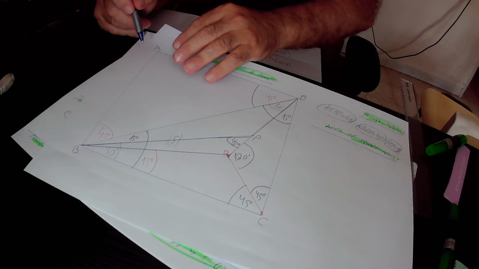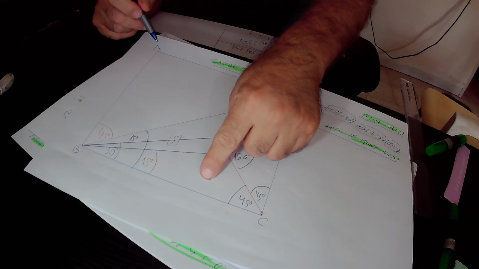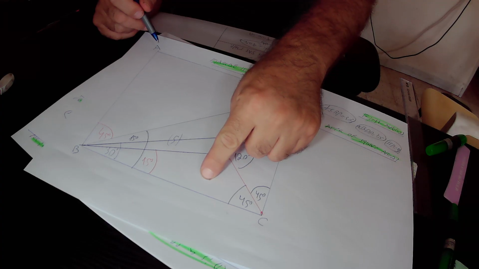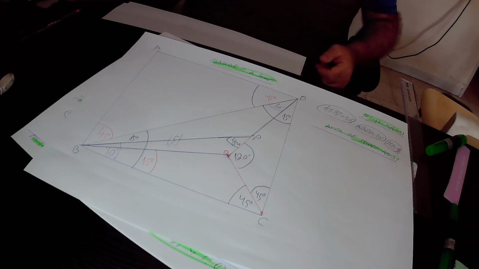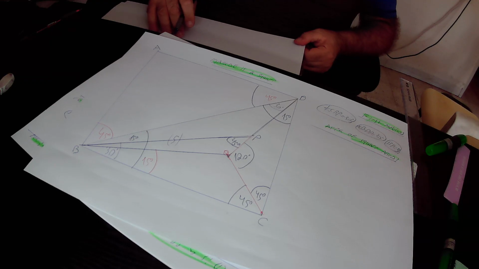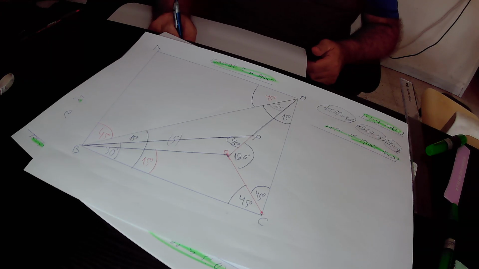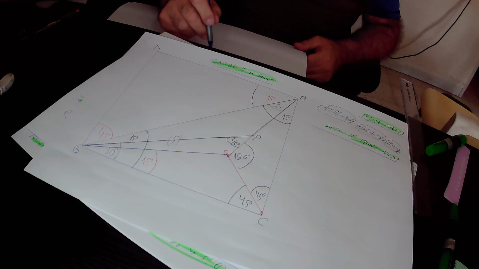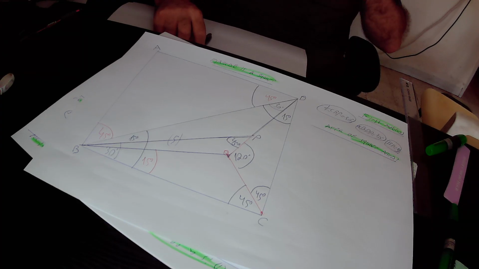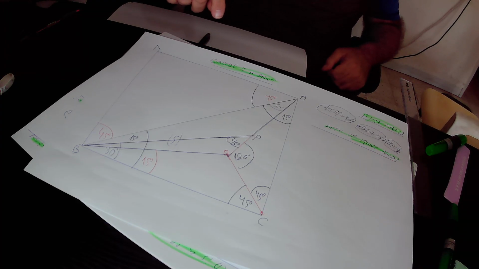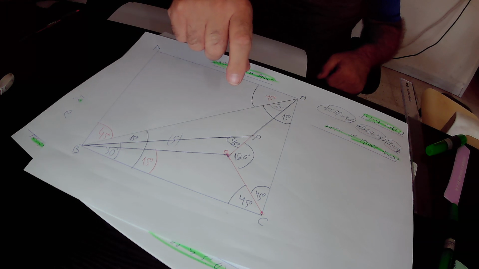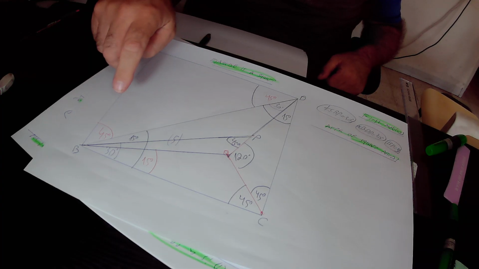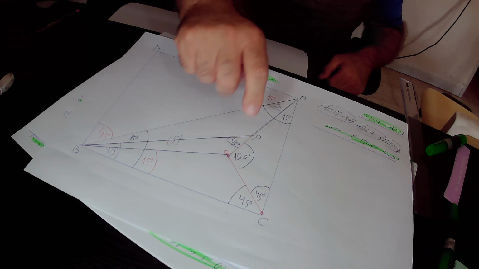In the next step, we prove that those two triangles can go into each other according to the angle side angle rule. Prove that this is the right angle PQC.